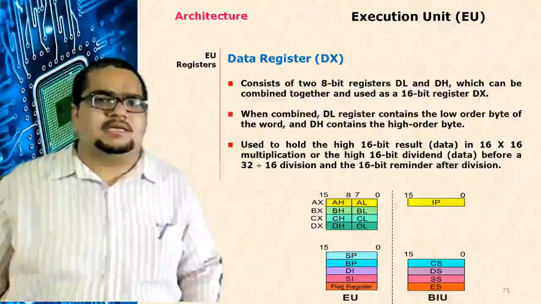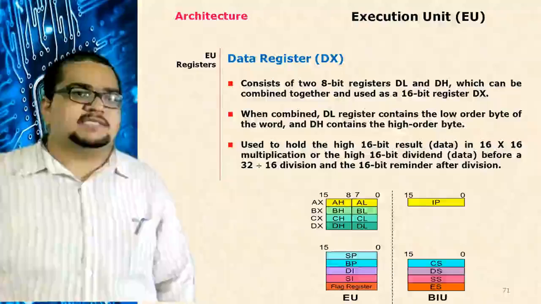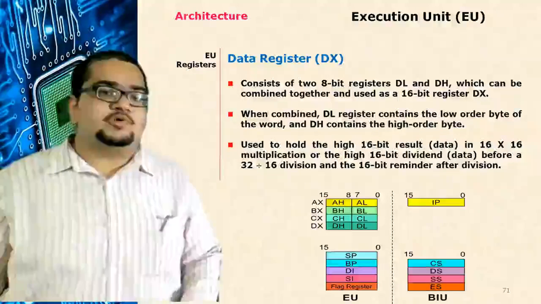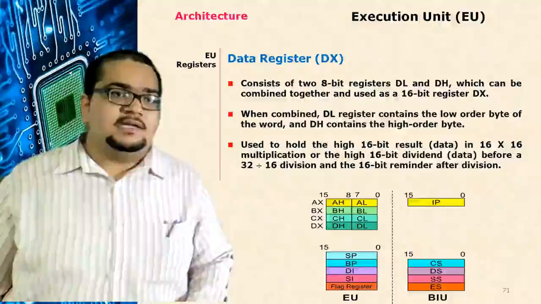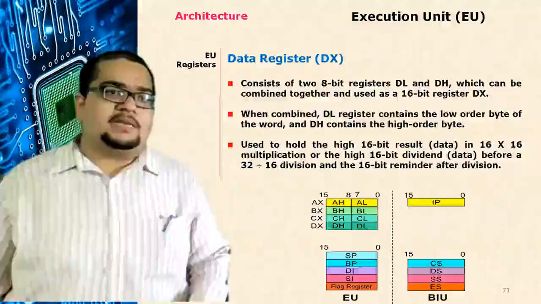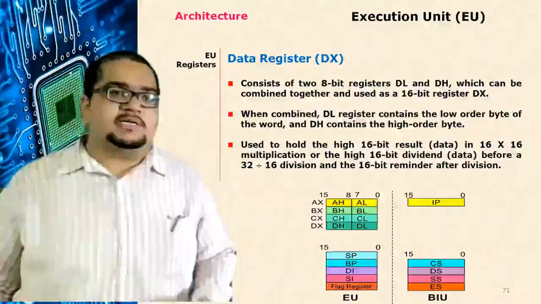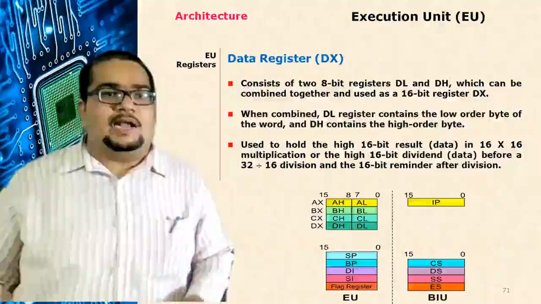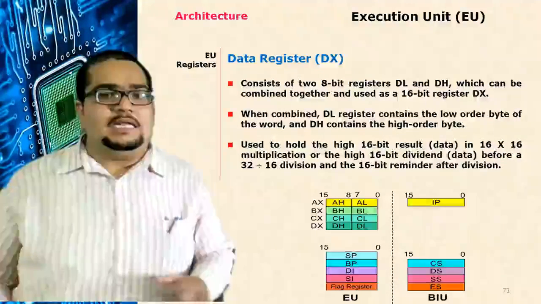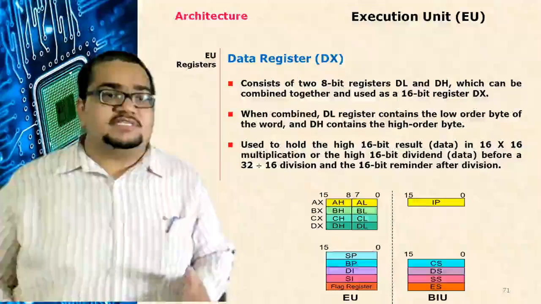Data register is again a general type of register only, but in some cases accumulation is not possible only in the AX register. Suppose in a multiplication operation, you are multiplying two 16-bit numbers. Multiplying 8-bit numbers will give you a 16-bit result, but multiplying 16-bit numbers will give you a 32-bit result. The job of the accumulator is to hold the result, but its size is 16 bits, so it cannot hold the 32-bit result.